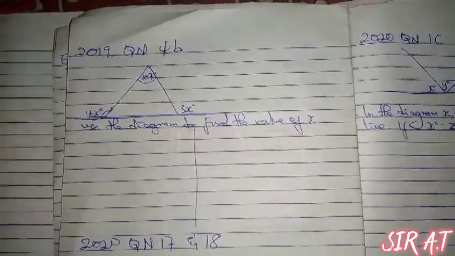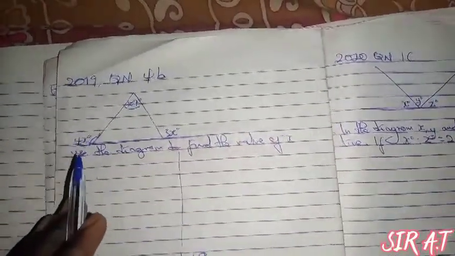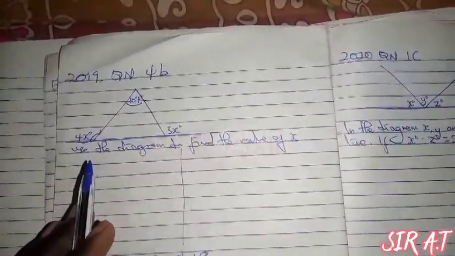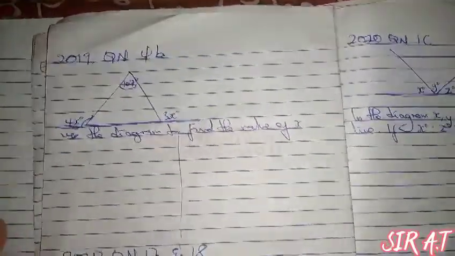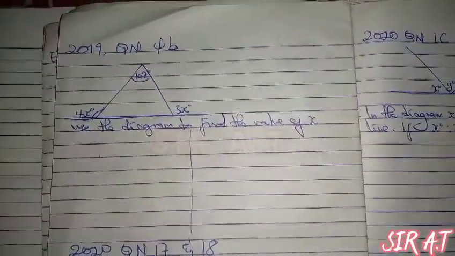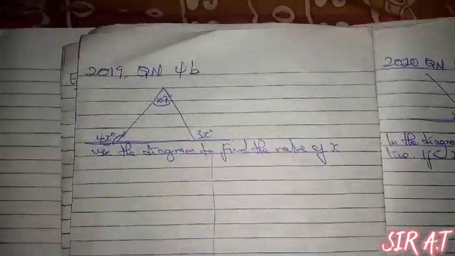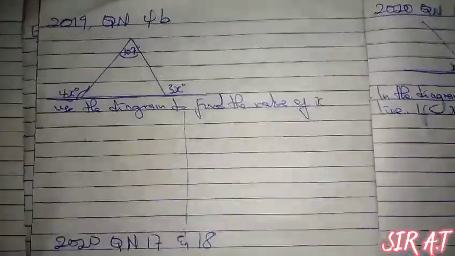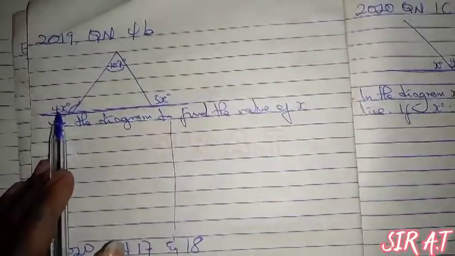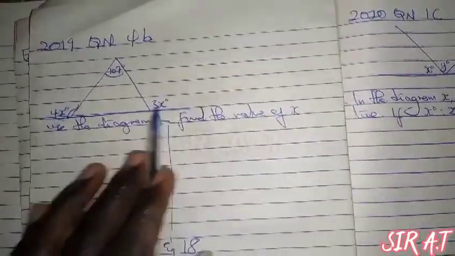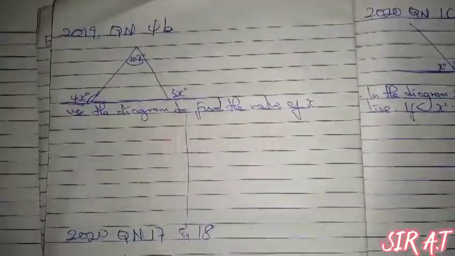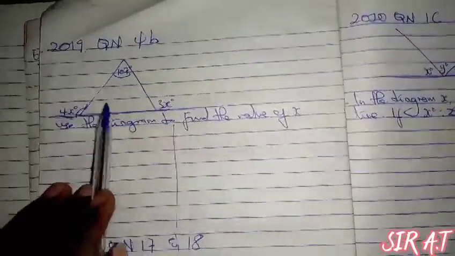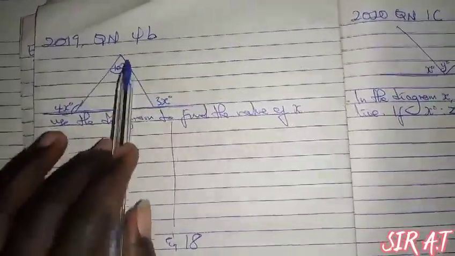This was a question that dropped in 2019, and it was quite complicated. I was thinking how they were able to come out with the answer. You are given these two exterior angles and the one interior angle. So how are you going to find this and this? Put all these things together.